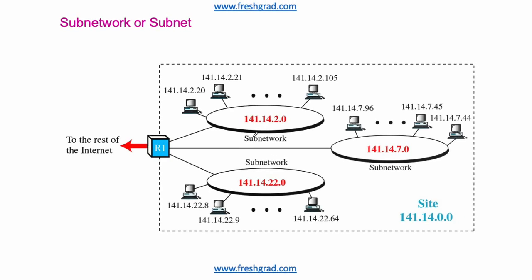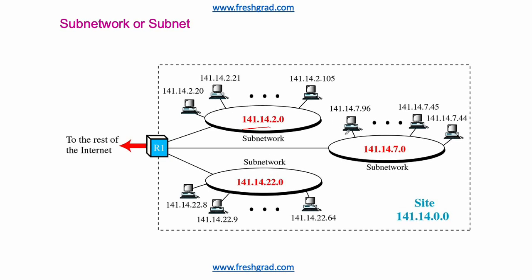This is after subnetting. 141.14.2.0: we create a smaller group for everything within the 2 dot range, right? And anything that comes for 141.14.7, we put into a separate group. So a separate group is a subnetwork.